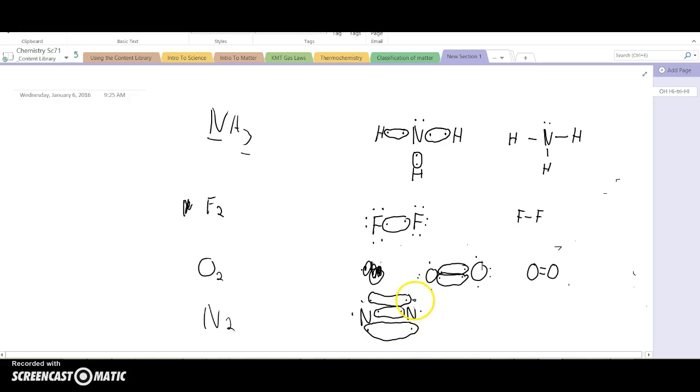Again, let's count. 1, 2, 3, 4, 5, 6, 7, 8 valence electrons for each nitrogen atom, and that creates a triple bond. So as you are working through a Lewis dot diagram for a covalent compound, it's important to count your electrons to make sure that you have 8 valence electrons in each atom, or 2 for a few elements that want to be like helium.